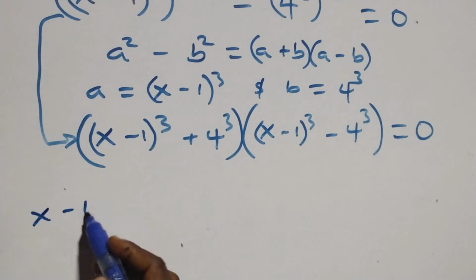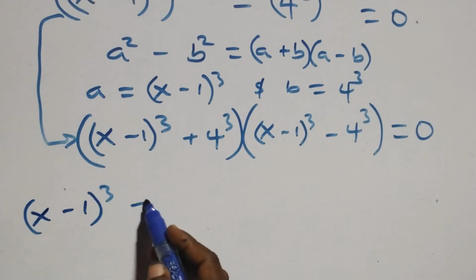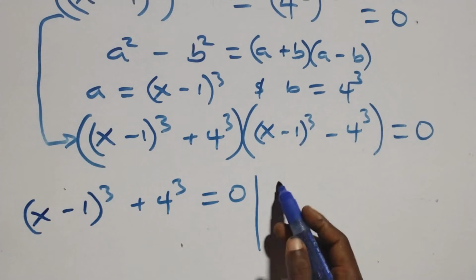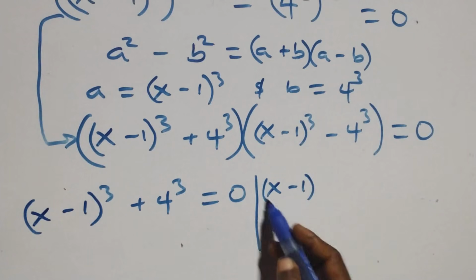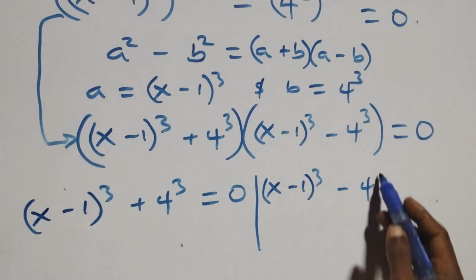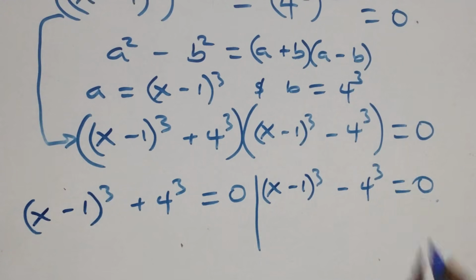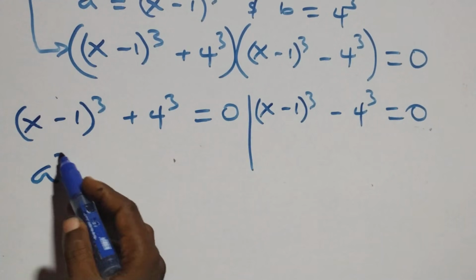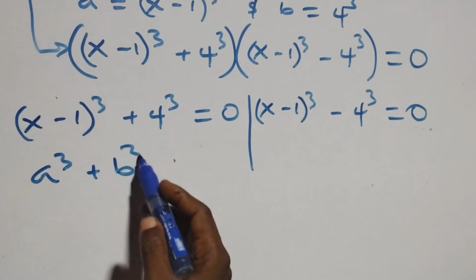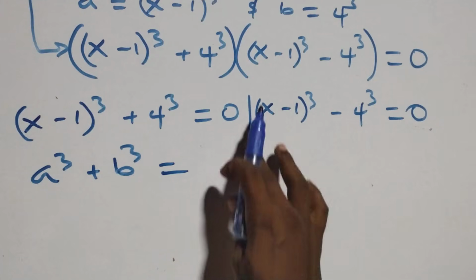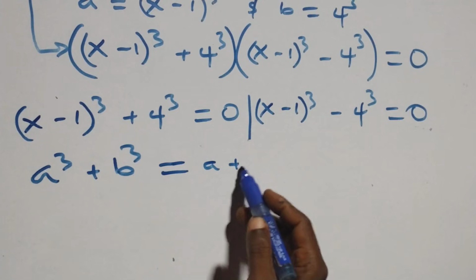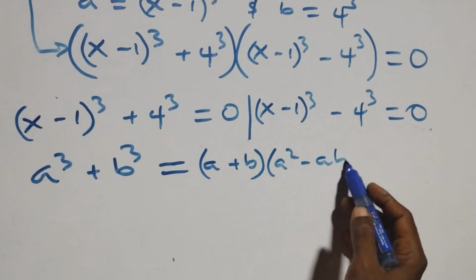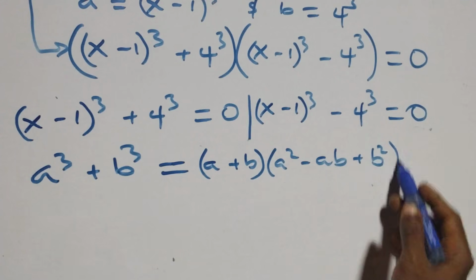The first one, (x minus 1) all raised to power 3 plus 4 raised to power 3 equals to 0. Or we have (x minus 1) all raised to power 3 minus 4 raised to power 3 equals to 0 here. Then solving on this side, this follows when we have a raised to power 3 plus b raised to power 3 is the same thing as (a plus b) into (a squared minus ab plus b squared).